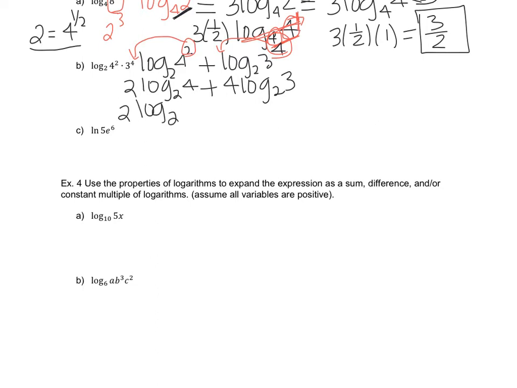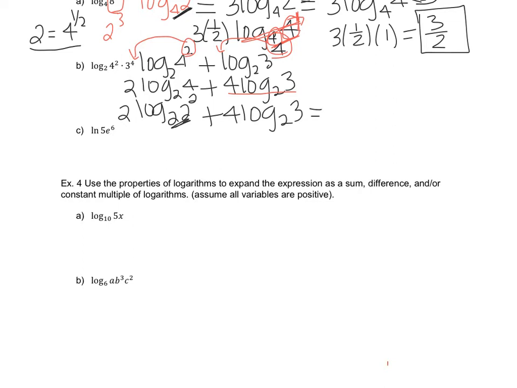I could rewrite 4 as 2 squared so that these bases align. Now, is there anything that I could do to the number 3 to where I could make it become a base of 2? And the answer there is no. So on that part, this is as simple as you can write it. So I'm just going to recopy what I've already got.